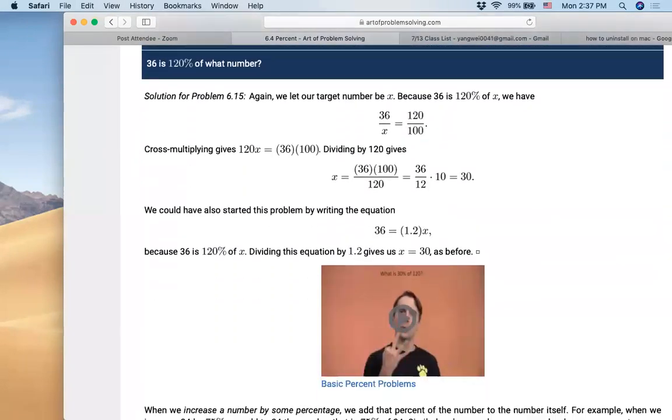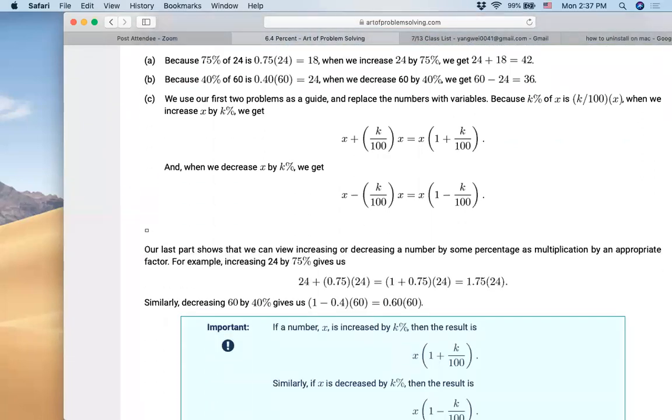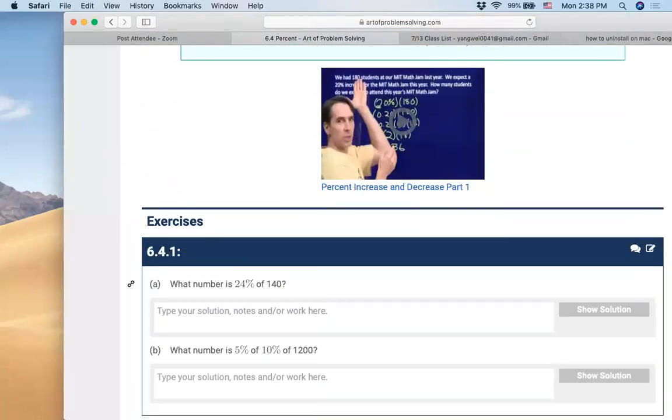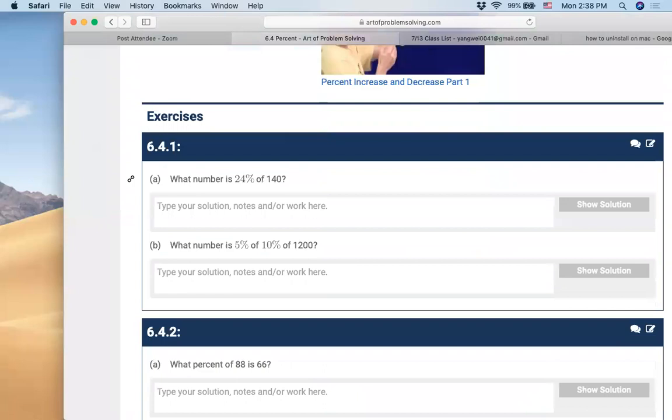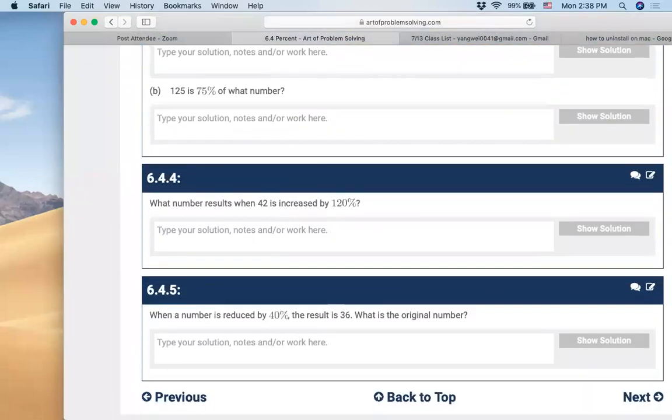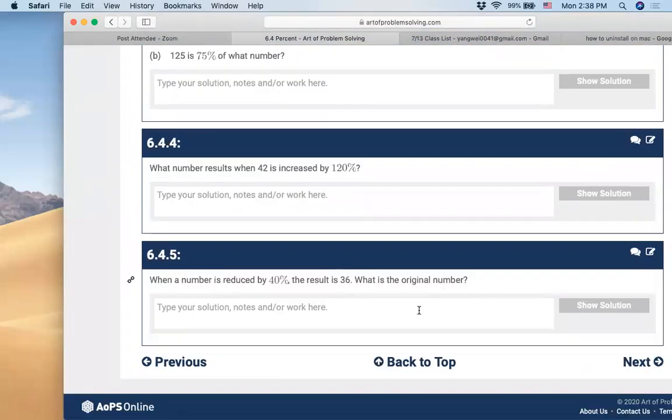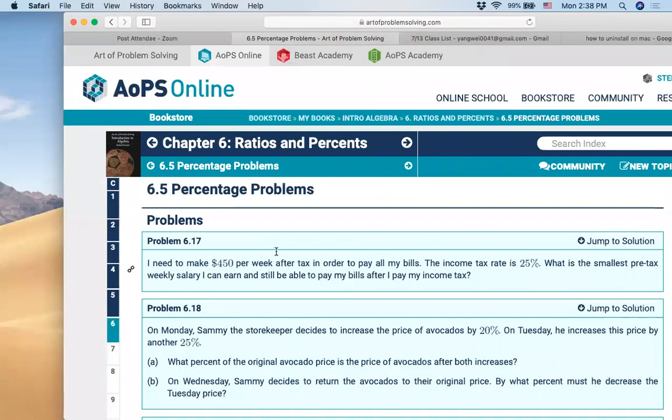Now, 6.4.1 to 6.5, that's your homework. Now let's go to 6.5.